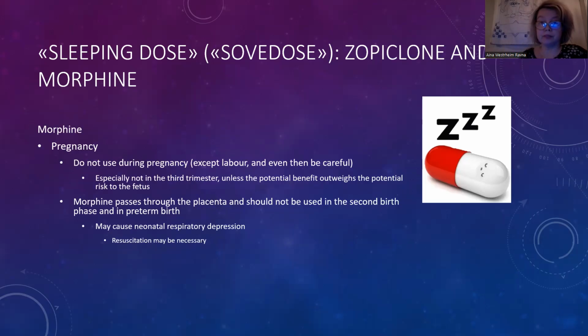Especially, it should not be used in the third trimester unless the potential benefit outweighs the potential risk to the fetus. Morphine passes through the placenta and should not be used in the second birth phase and in preterm birth because it may cause neonatal respiratory depression, and resuscitation may be necessary.